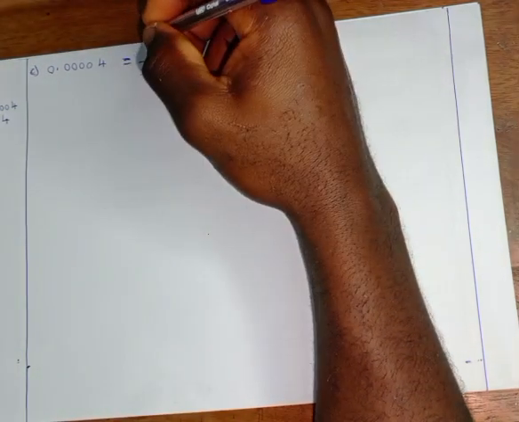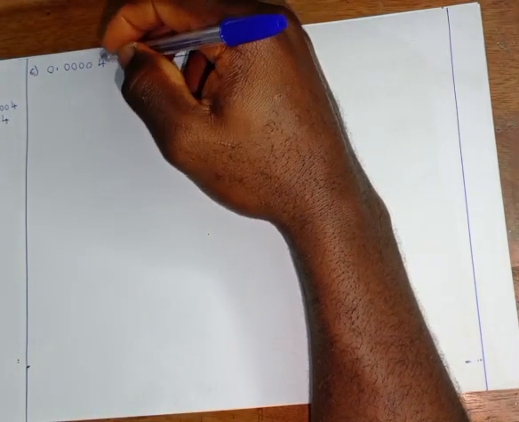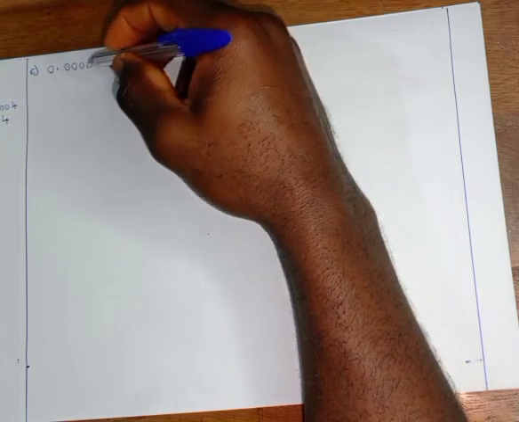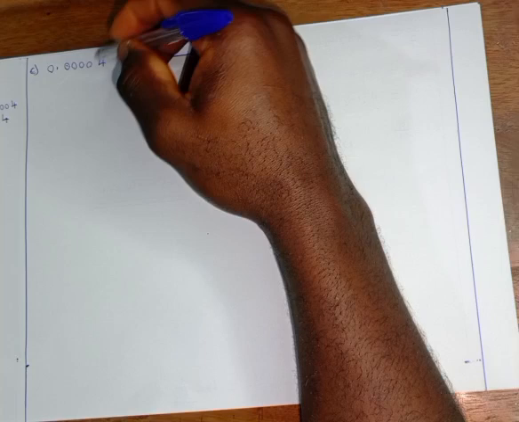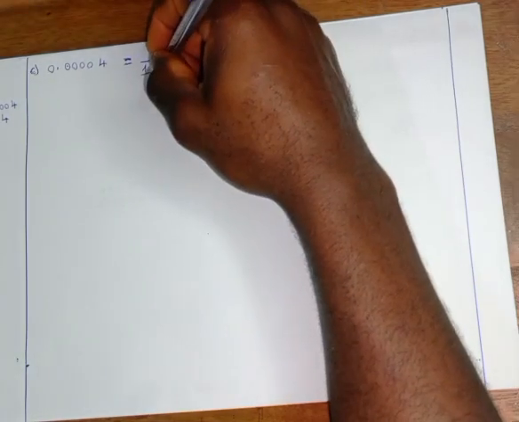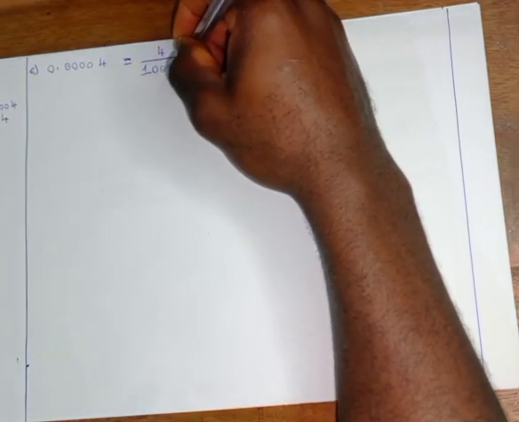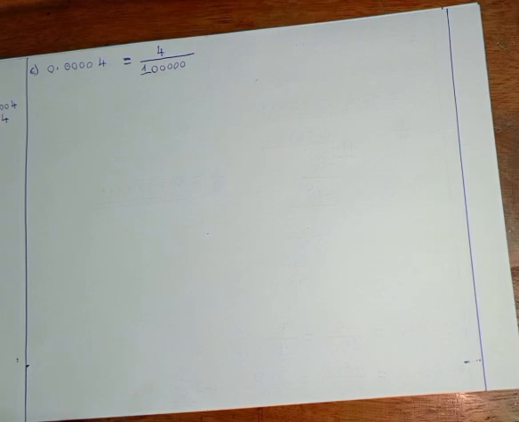We are going to divide by 1 with 5 zeros, since the number of decimal places in this number is equal to 5, 1, 2, 3, 4, 5. Let's divide by 1 with 5 zeros, 100,000. Next, we can simplify.